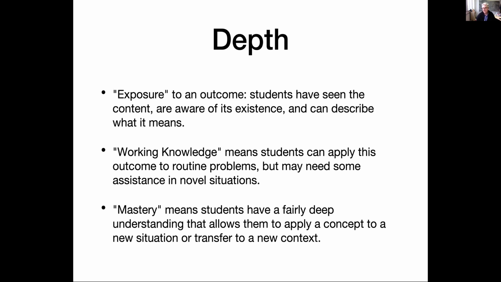Maybe they're coding everyday, quotidian sorts of problems. They may be looking up Stack Overflow or using the help menu a lot. And it may be that they're still acquiring knowledge in this area, but they are comfortable working in this programming language. And the highest level is mastery, and this is where students have a fairly deep understanding.